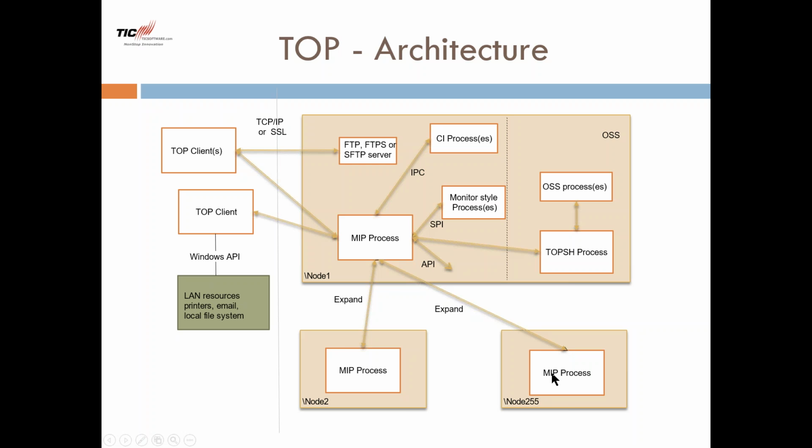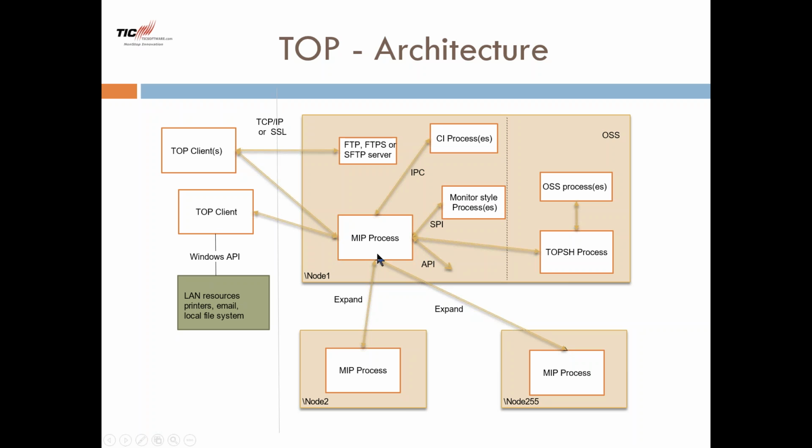Because NonStop folks are always technical, I like to throw out a technical slide to make sure folks appreciate what's underneath the covers. Underneath is a really sophisticated set of processes that manages the environment and does a lot of great things. TOP is a Windows desktop client. It communicates with a gateway process called MIP.